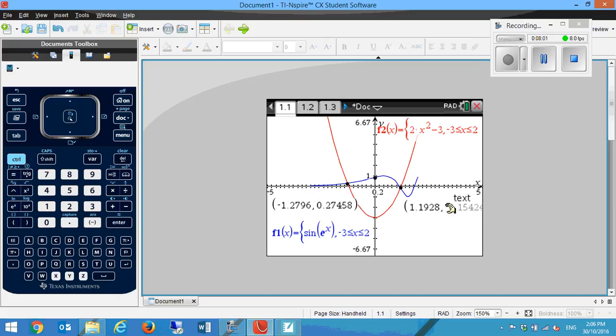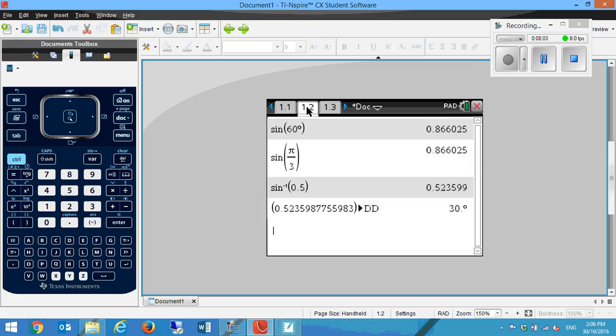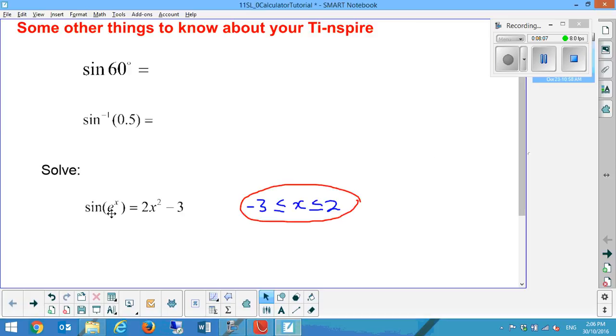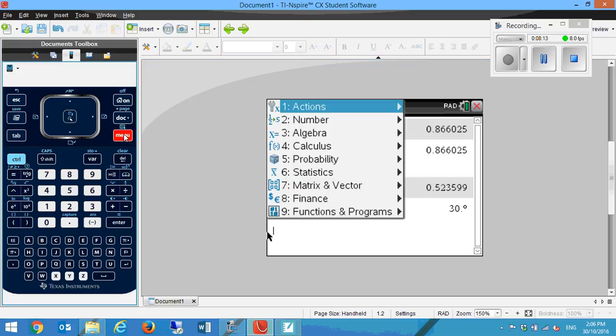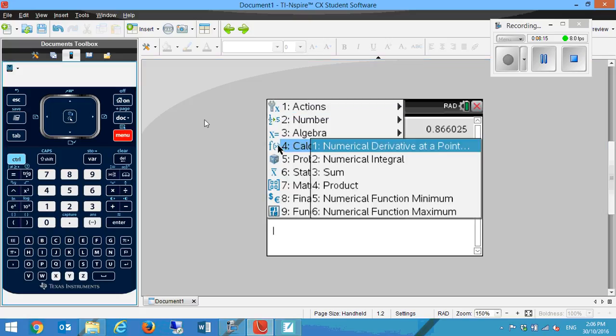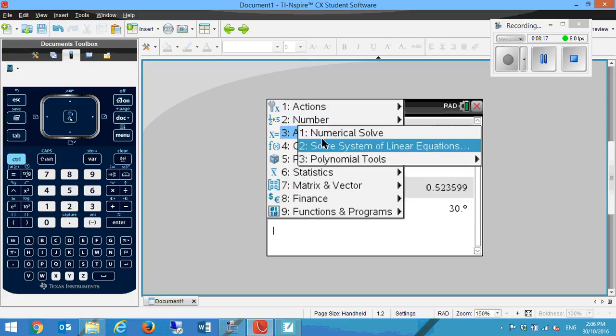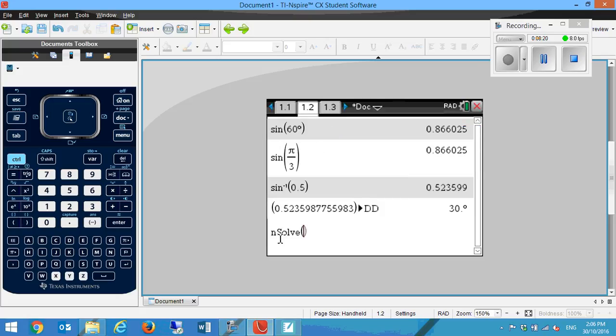Alright, another way of doing that is from a calculator page. So here we're trying to solve this equation, so we can just type that into our calculator page by going to Menu, Algebra, Option 3, Numerical Solve, NSolve.